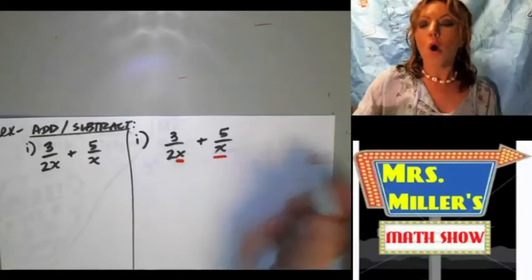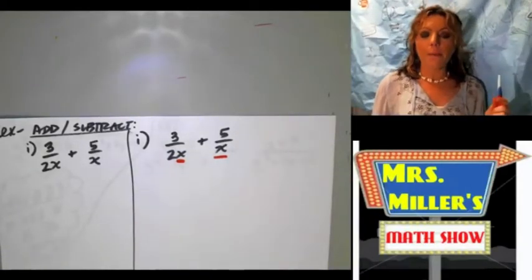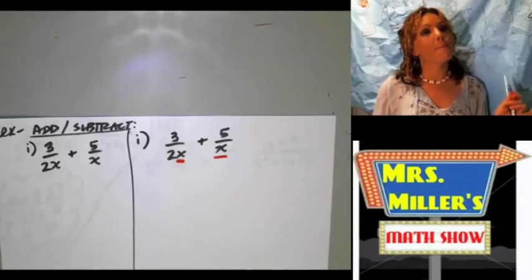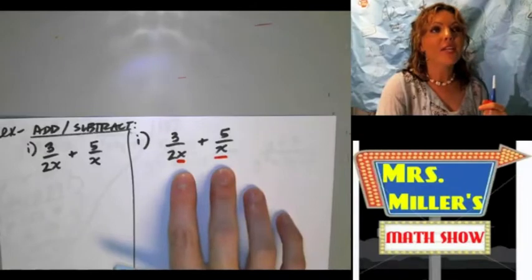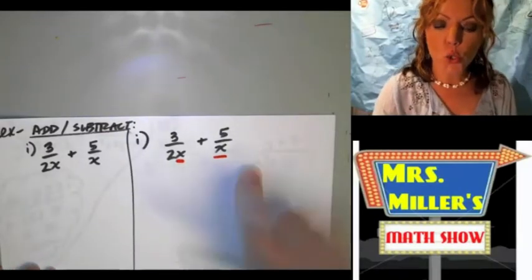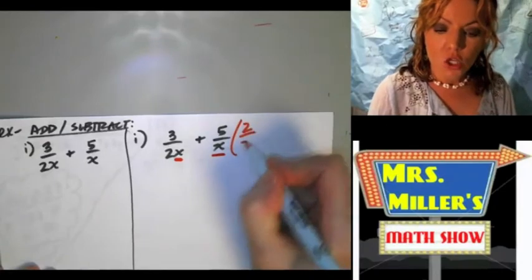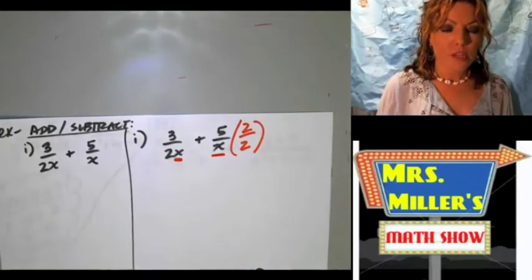The reason for that is we want to multiply any fraction by whatever it's missing. In other words, they both already have an x. This one is missing a what? A 2. Good. So we multiply by 2 over 2. So somebody tell me when I multiply by 2 over 2 what I get.